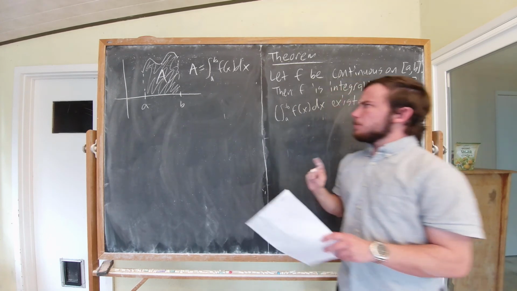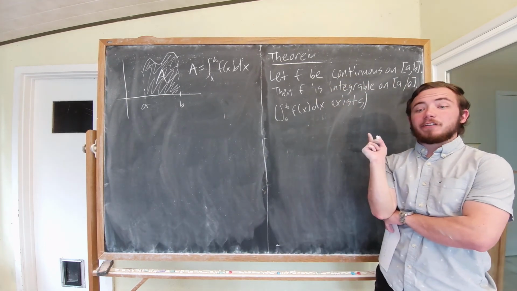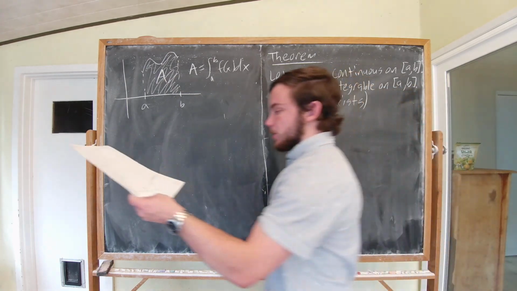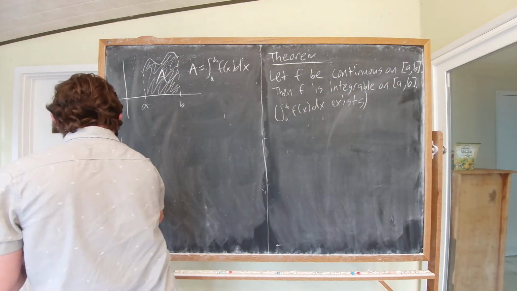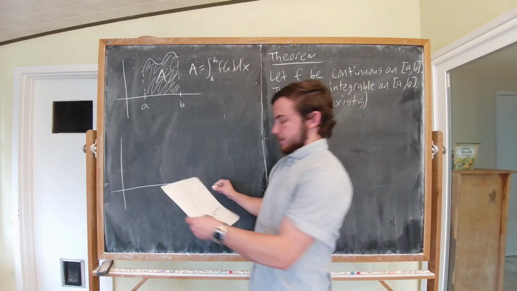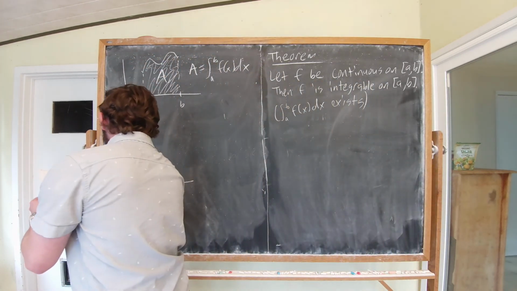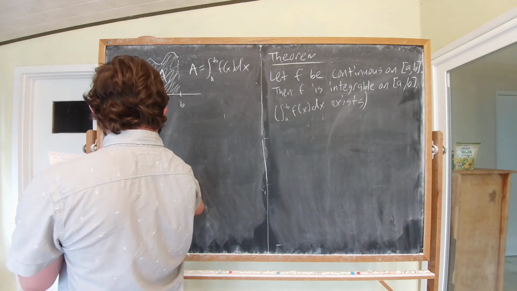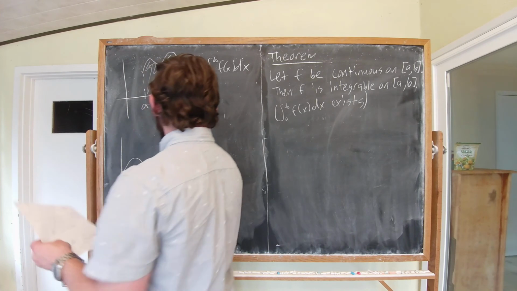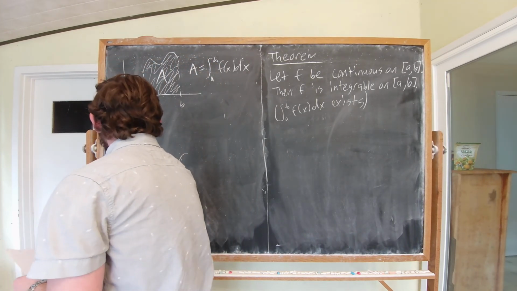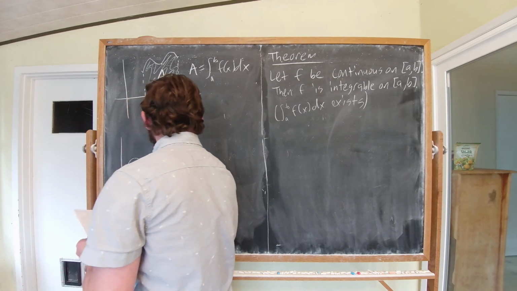But the definite integral, maybe it's kind of a misnomer to call it the area under the curve. It might be better to call it the net area under the curve, because if you have a function that strays between above and below the x-axis, maybe you have something that does that, and that's your a and your b.